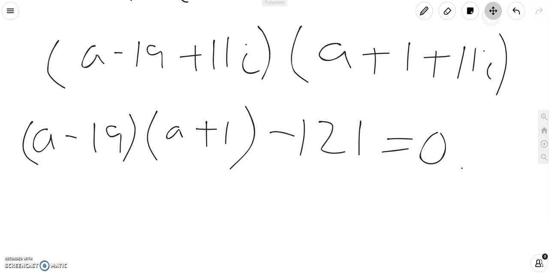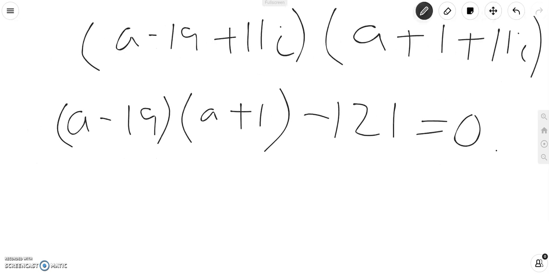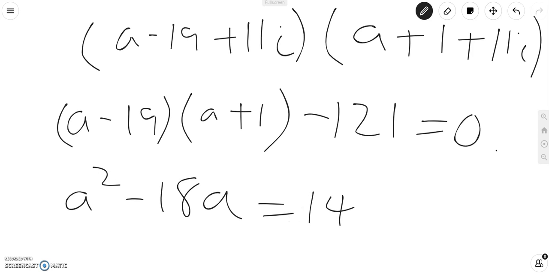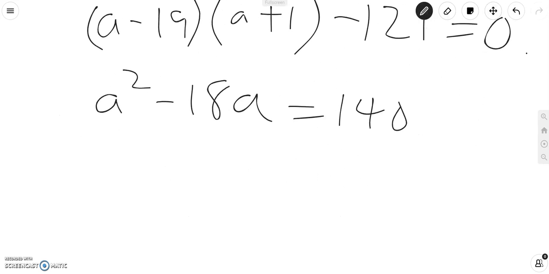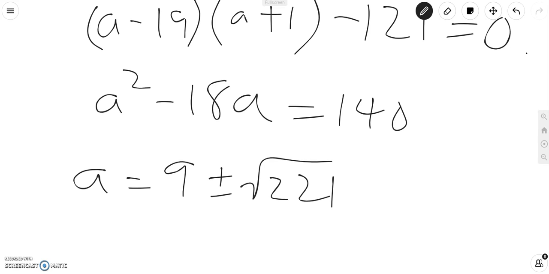We can solve this quadratic very easily. It is simply a² − 18a = 140. Solving through the quadratic formula, or however we want, we get that a is 9 ± √221.